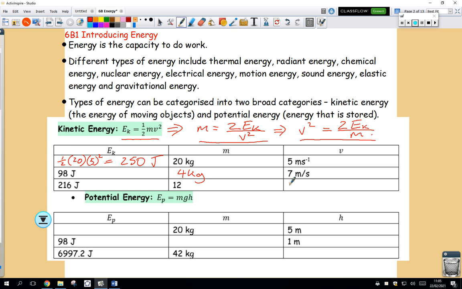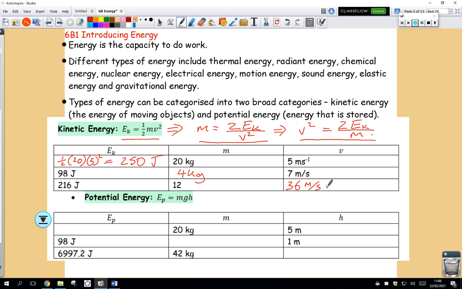And if I do that, I think I'm getting 36 meters per second. You might just double check all my arithmetic here. Okay, so that's kinetic energy. A little formula, practice changing the subject.